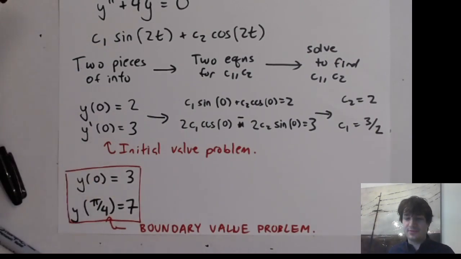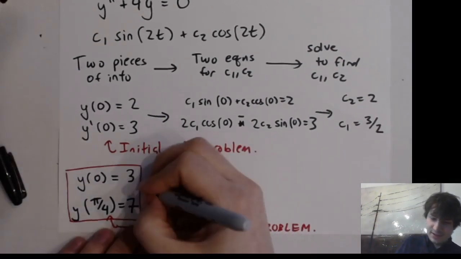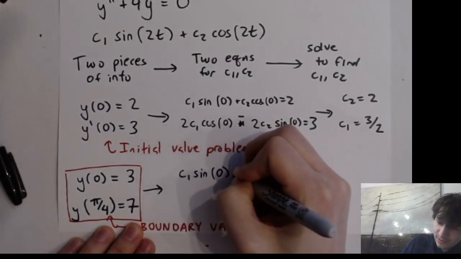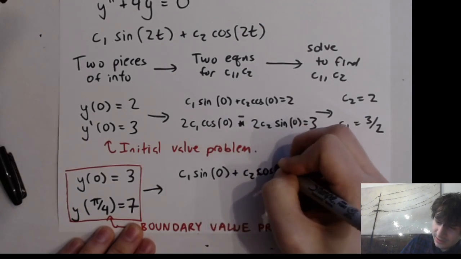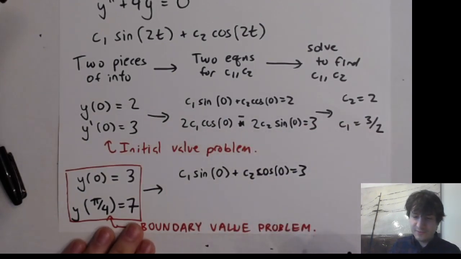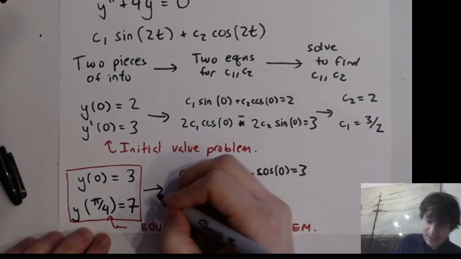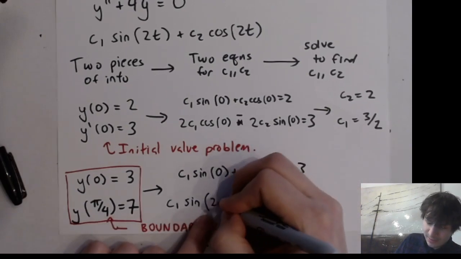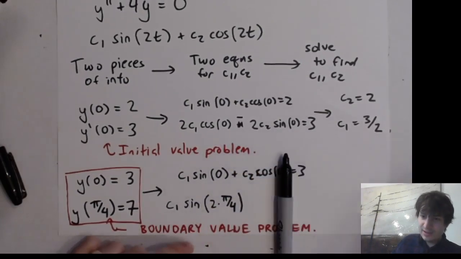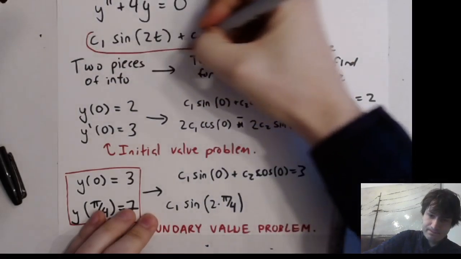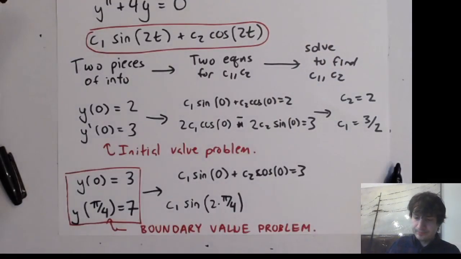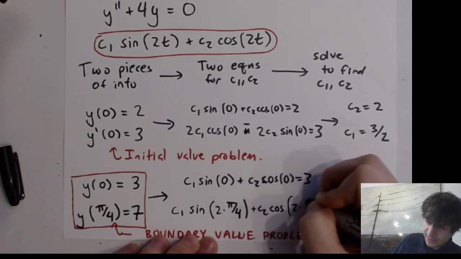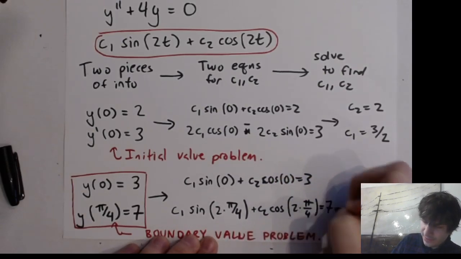Okay, so if you solve this, you plug these in, you get c1 times the sine of 0 plus c2 times the cosine of 0 equals 3. Same kind of thing as before. Now we plug in this other thing at pi by 4. c1 times the sine of 2 times pi by 4, plugging into this equation up here, plus c2 times the cosine of 2 times pi by 4 equals 7.